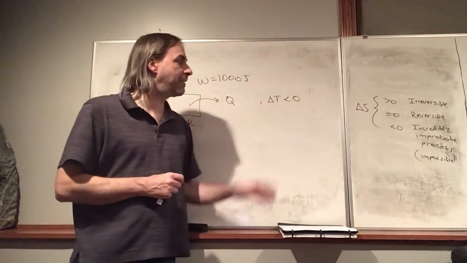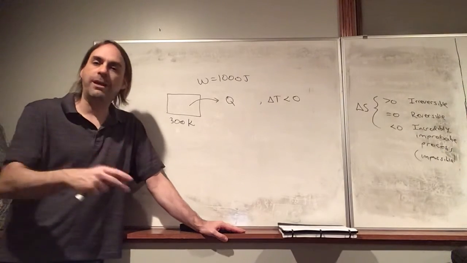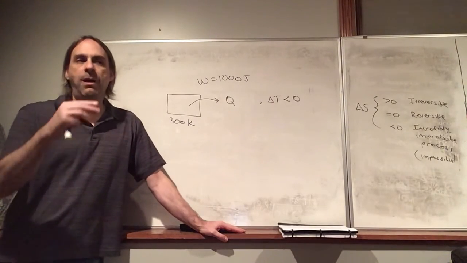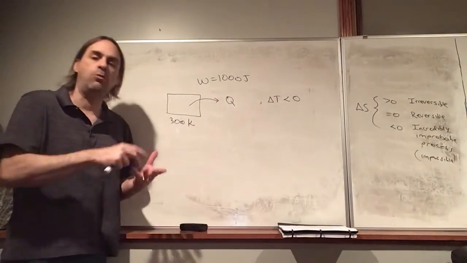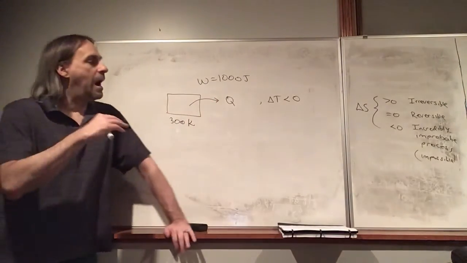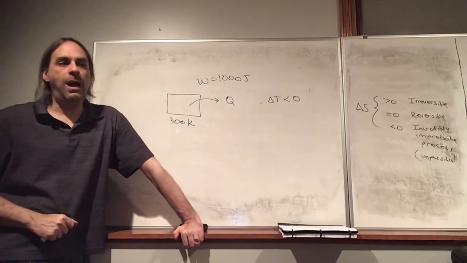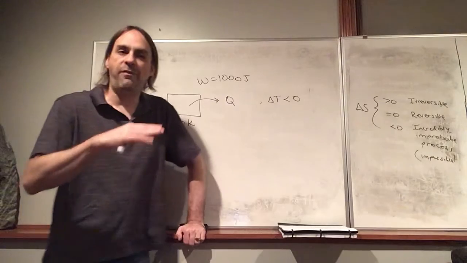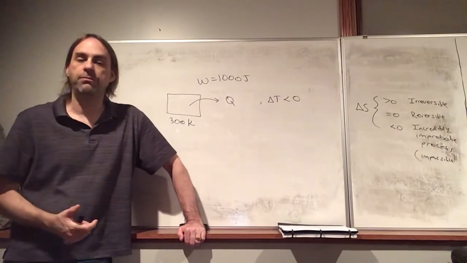Initially we're making great progress, but it gets harder and harder to do. If we keep doing this, the temperature change is going to keep decreasing. And like I said, in any finite number of steps, we're never going to reach absolute zero.